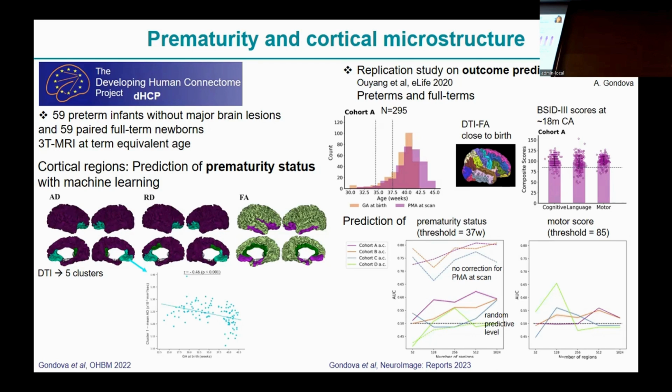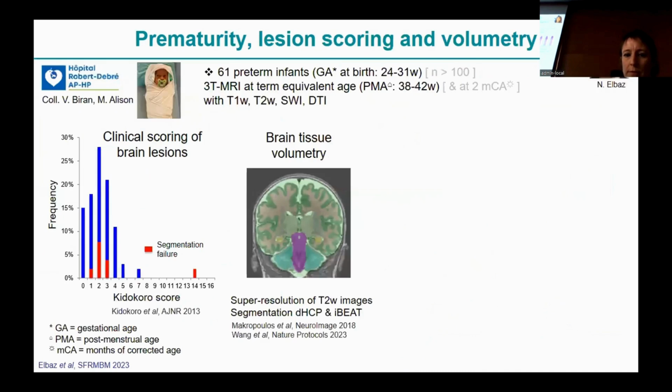And when she tried to predict the behavioral scores, which was what we aimed for at the beginning, she couldn't achieve good prediction results. So this suggests that there is some information in these early measures of cortical microstructure, but this information is probably not sufficient to really predict the outcome of the babies.